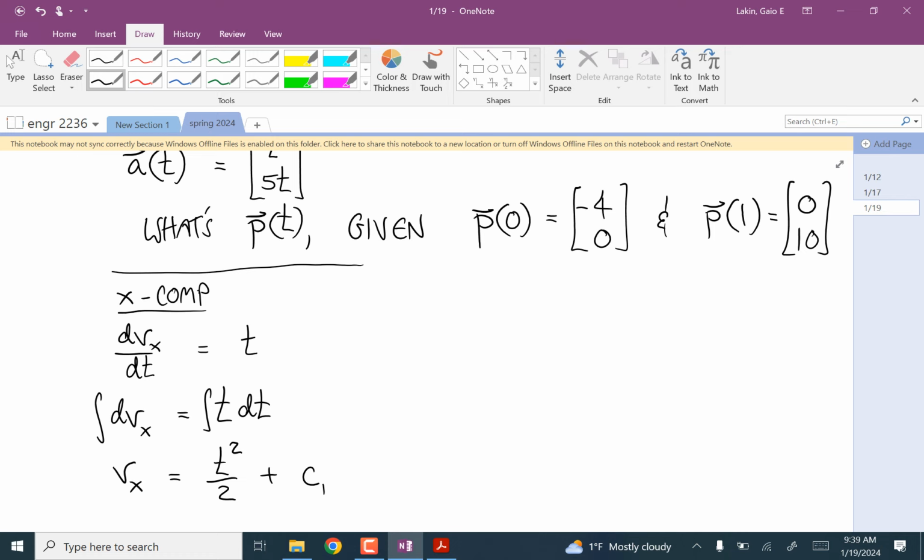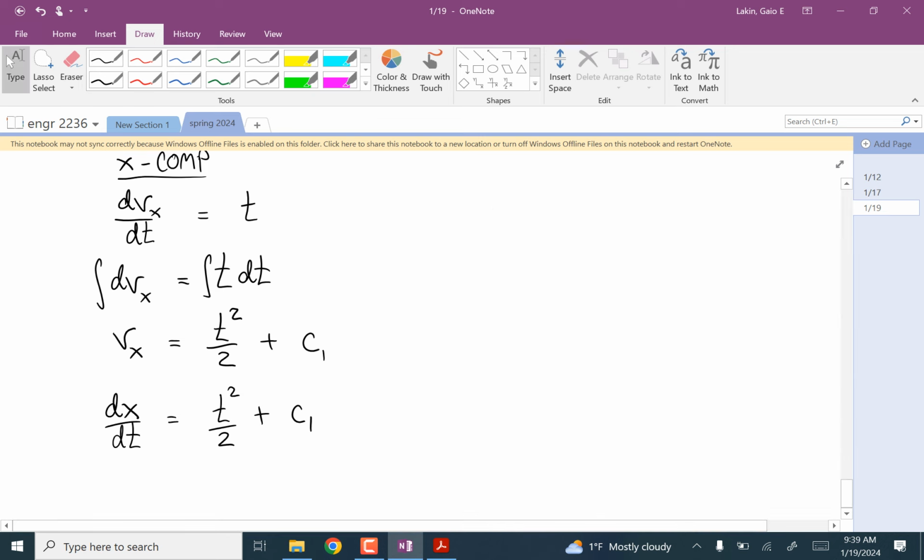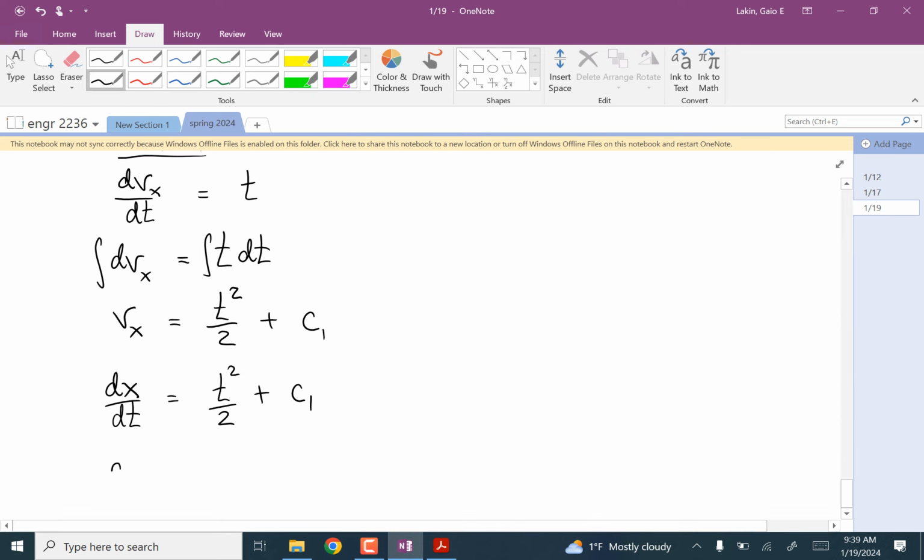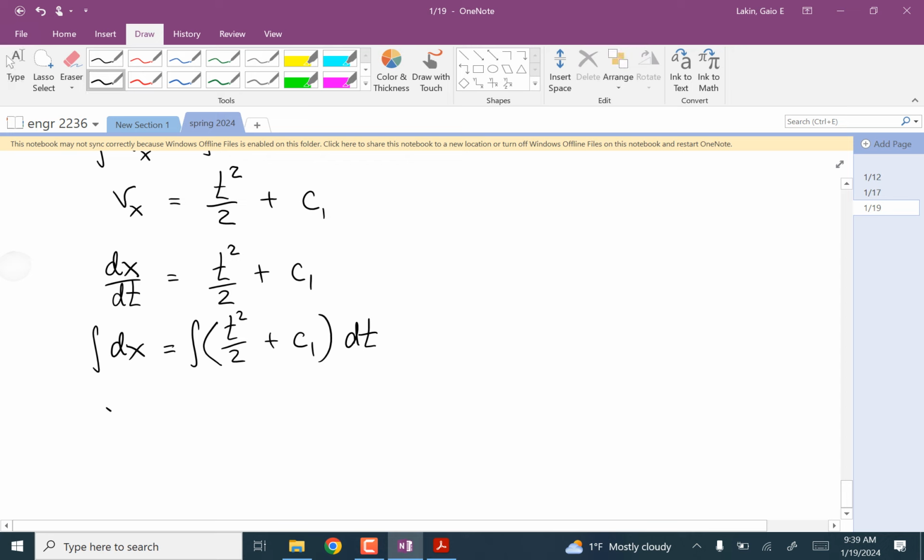Are you with me on that? Okay, so we have this. So now we go dx is equal to t squared over 2 plus c1 dt. We can integrate both sides, and we get x is equal to t cubed over 6 plus c1t plus c2.